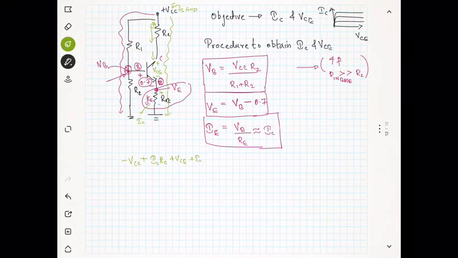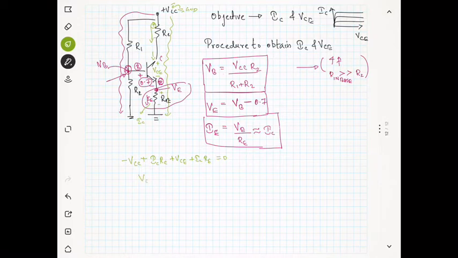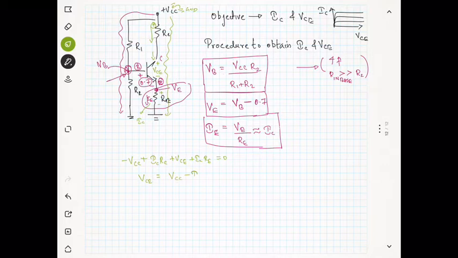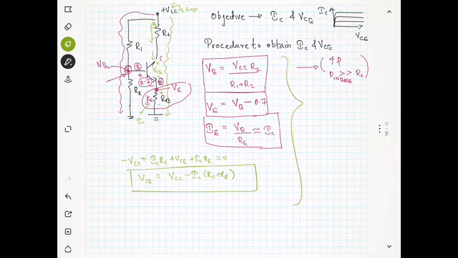Plus IC RE is equal to 0, and you can obtain VCE as VCC minus IC into RC plus RE. So this is the method to obtain VCE. So these are all the equations related to voltage divider bias.